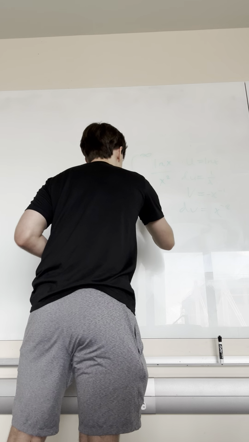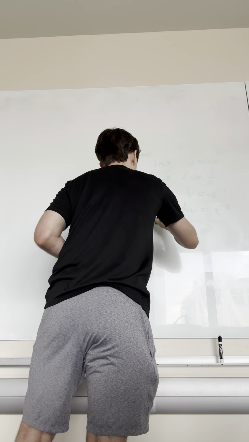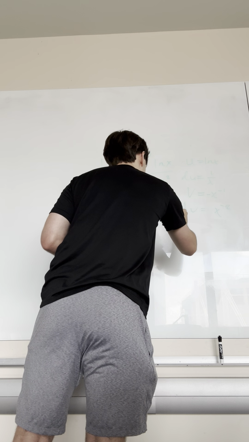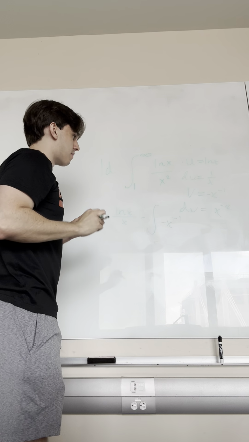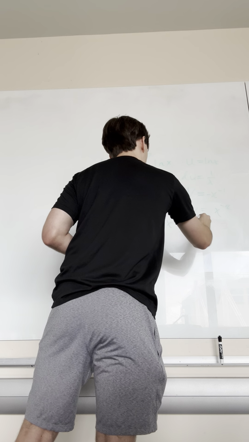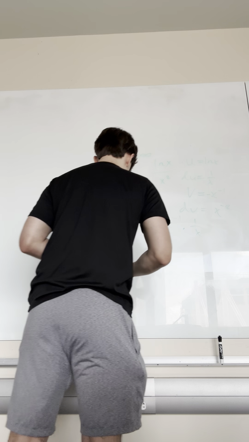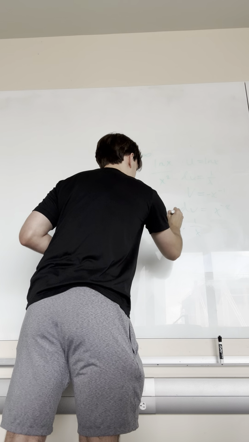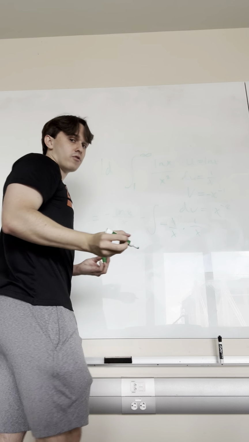And then that minus the integral of v du, which is negative x to the power of negative 1 times 1 over x, which is negative 1 over x times 1 over x.